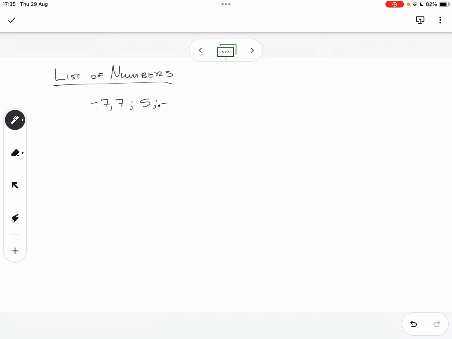Square root of -6. Yeah. Okay, that's interesting. 8. The number 8. Okay, great. Square root of 35. 35, okay. What else? 36. 36, okay. What else? 71 over 3.